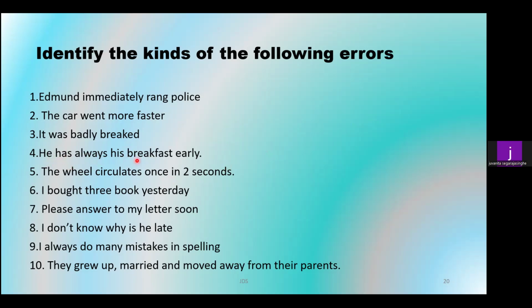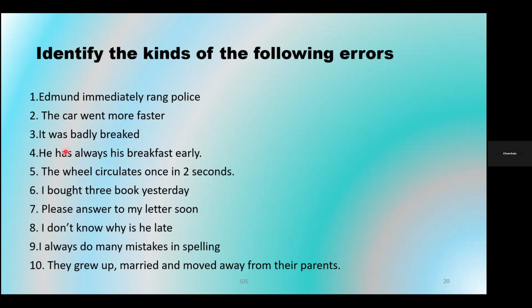He has always his breakfast early. Added unnecessarily. Which one is added unnecessarily? Has. Has is unnecessary, so delete has. Ma'am, that is wrongly formed because he always has his breakfast early. It's wrongly ordered, not formed.